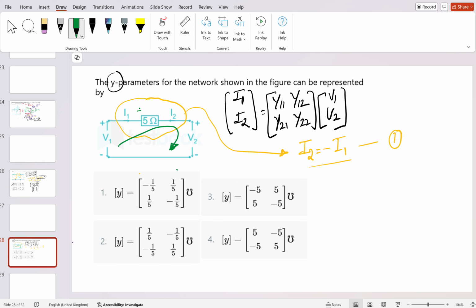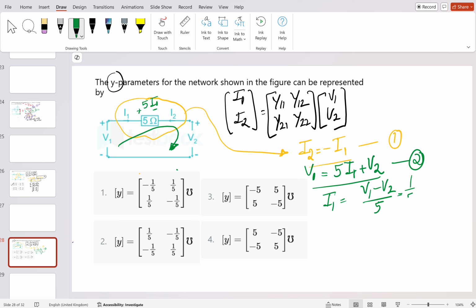What did you get? This is the voltage drop here, which comes out to be 5 times I1. So V1 is equal to 5 times I1 plus V2. If you rearrange this equation 2, you will get I1 is equal to (V1 minus V2) divided by 5. Getting my point?